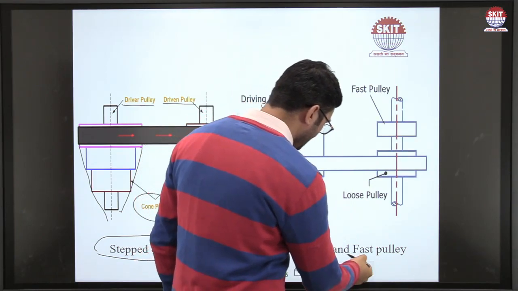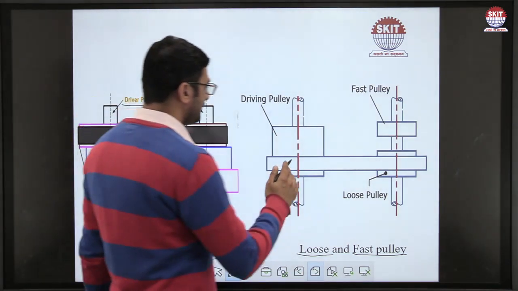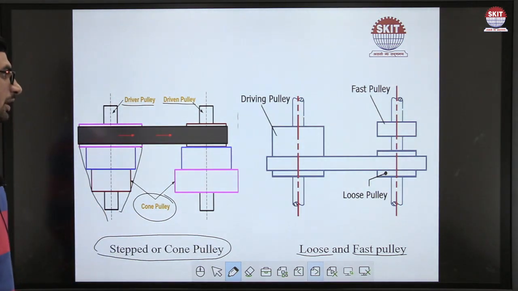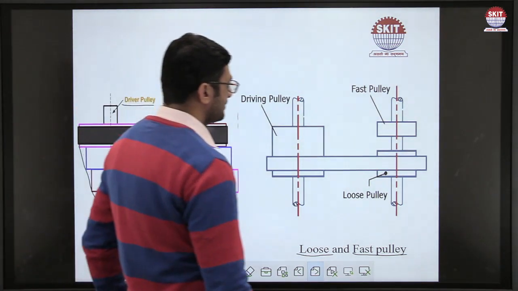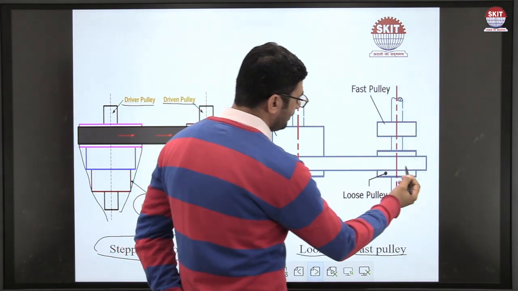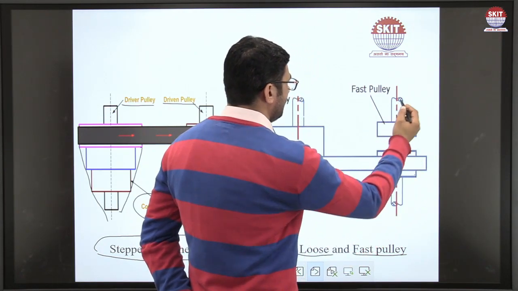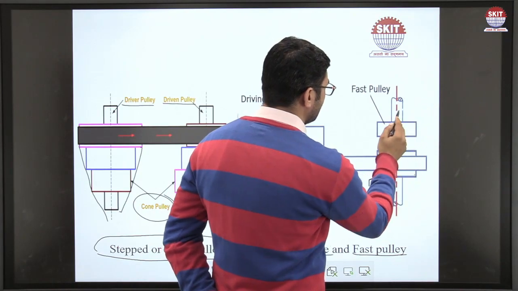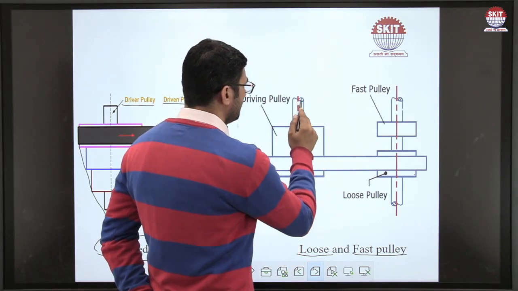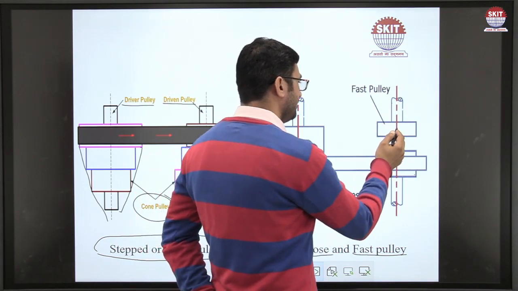In the loose and fast pulley, if we require power transmission, sometimes transmitting the power and sometimes not transmitting the power, we use the loose and fast pulley. When the belt is moved onto this pulley, then power is not transmitted to this shaft, and to transmit the power from this shaft to this shaft, we shift the belt onto this pulley.